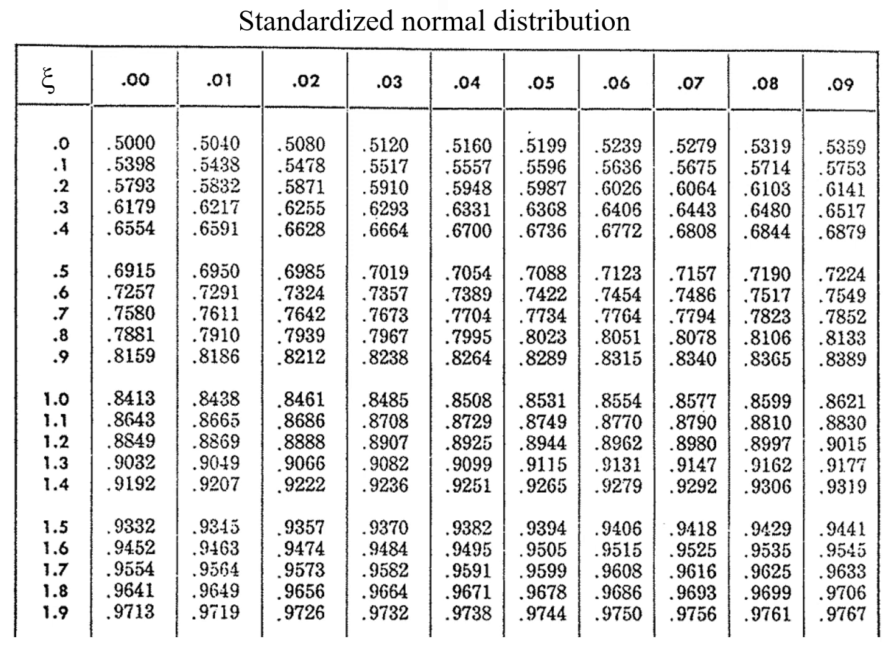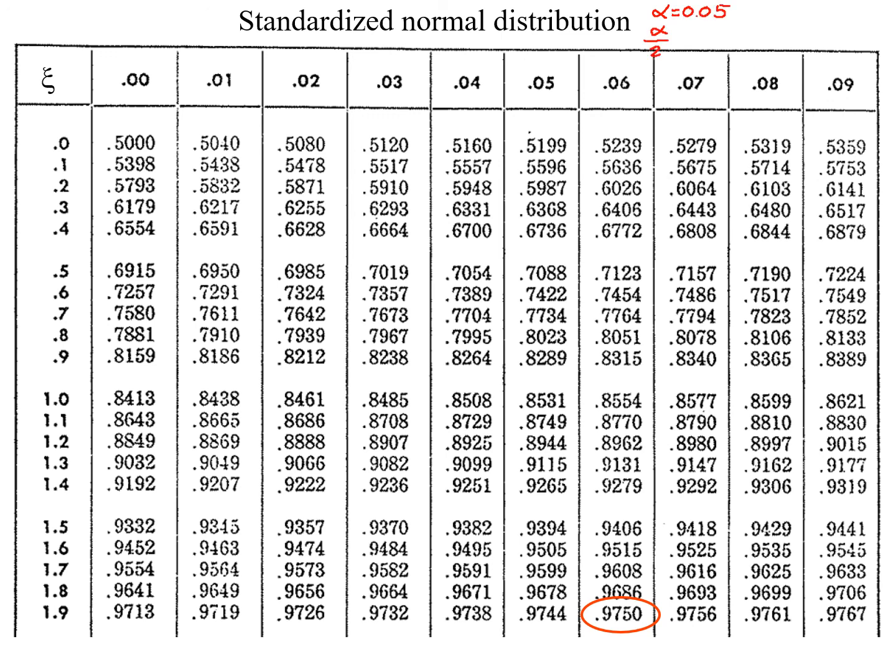Standardized normal distribution. So what was the alpha? Alpha was 0.05, right? Alpha equals 0.05.